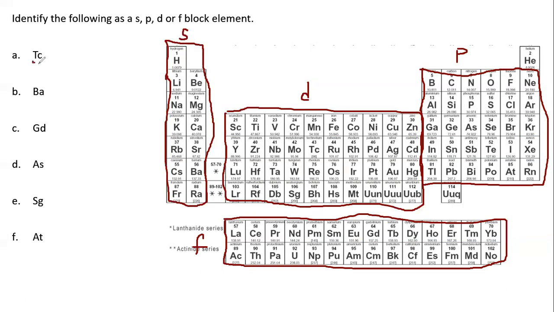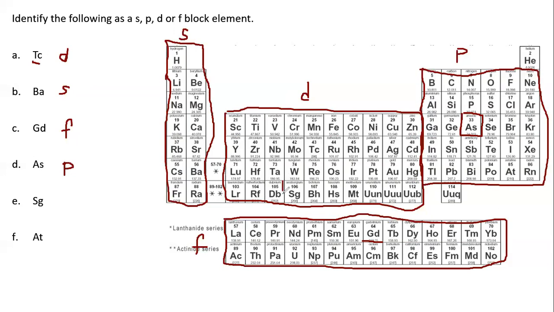So for example, technetium is a transition metal. It would be a d block element. Barium is group 2, so it would be s block. Gallium is down here, so it would be an f block element. Arsenic, located over here, this would be p block.